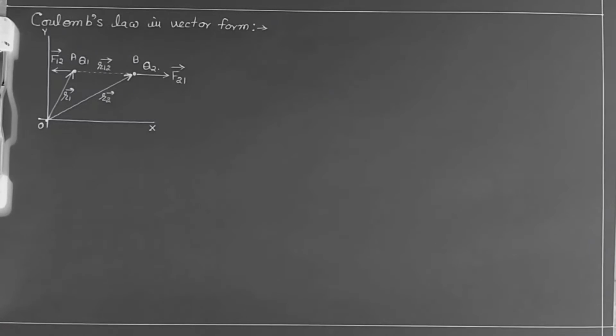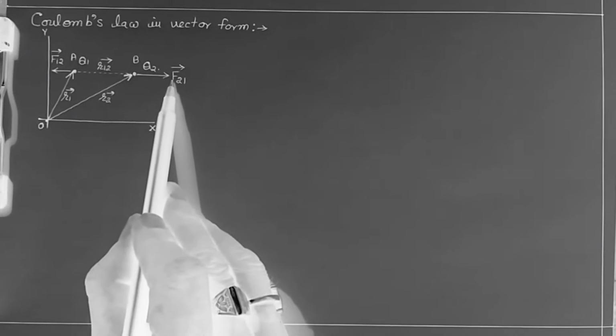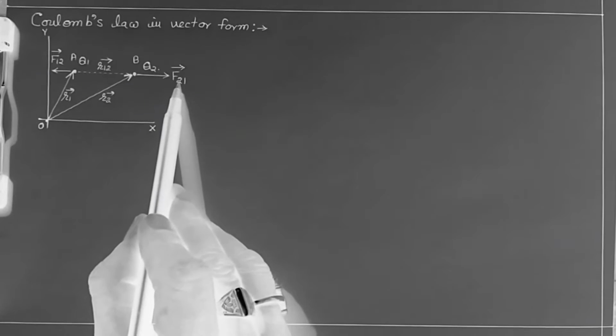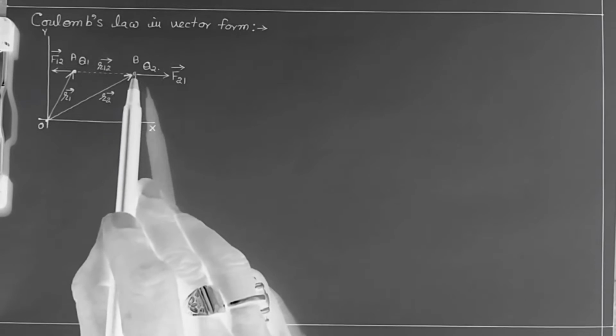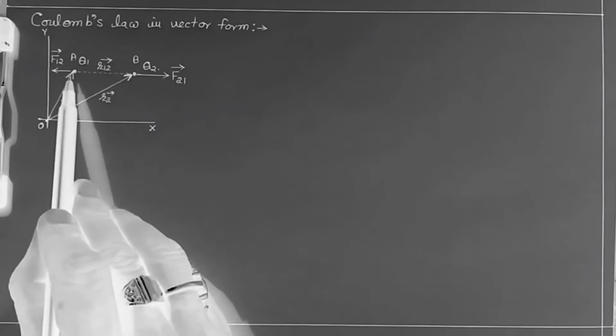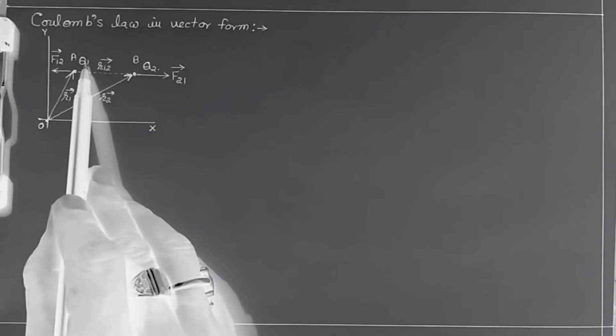In this situation, these two charges will exert force on each other. The charge Q1 will exert a force F21 vector on charge Q2, and charge Q2 will exert a force F12 vector on charge Q1.